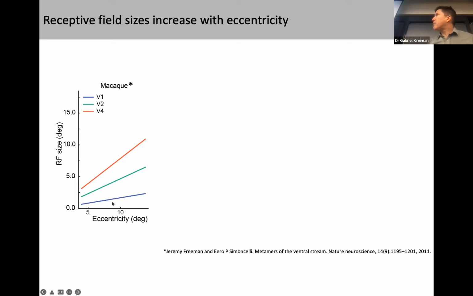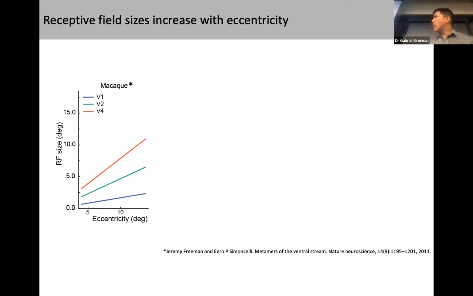And so for any given visual area, for example, for area V1, which is in the back of our brains, this is primary visual cortex, as you go from the fovea, that is the part where the animal is fixating, all the way to the periphery, that is different degrees of eccentricity, the size of the receptive field increases. That is, the receptive fields are pretty small in the part where you're fixating. They're much larger when you're moving farther away.